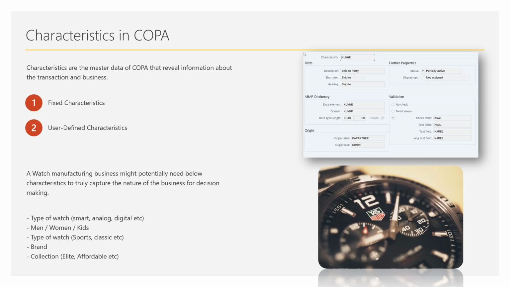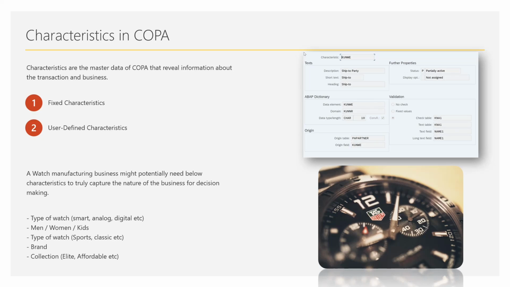Once we define a characteristic, we are going to assign a value field, and all our internal reporting and management decisions are dependent on the characteristics captured when posting this document. So it is of utmost importance to define the right characteristic that tells the actual nature of the transaction or the business, which is needed for management to take the right decision as part of their management reporting.